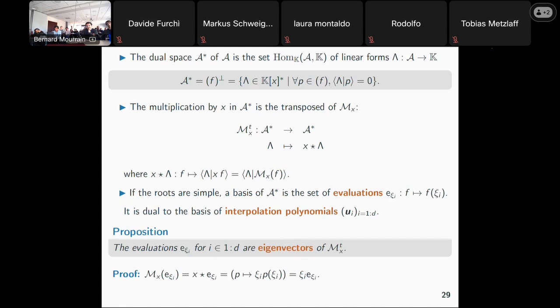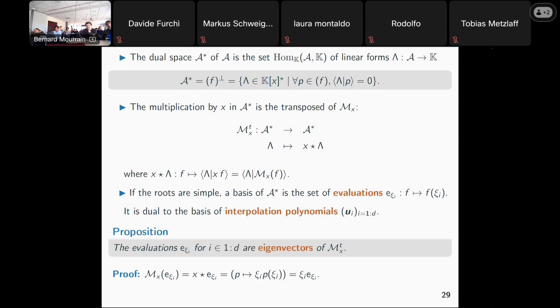It's a proof in one line. Just take the definition. What is the transpose times the evaluation applied to the evaluation? It's x star this evaluation. What is x star? X star is a linear functional which takes a polynomial, computes the product by x, and then evaluates at the root ci.